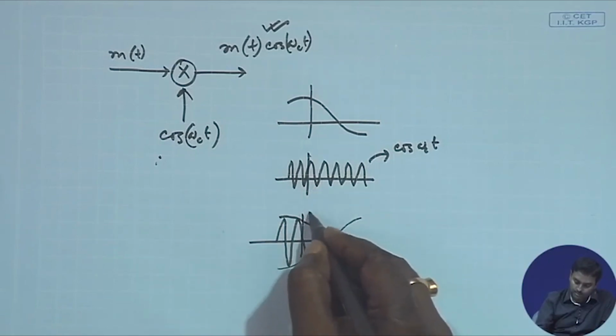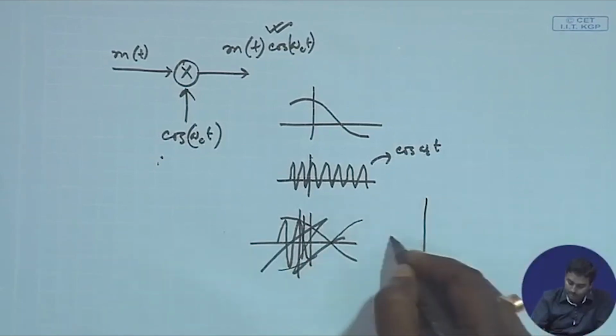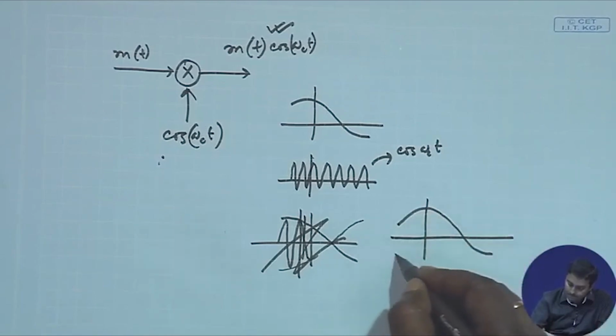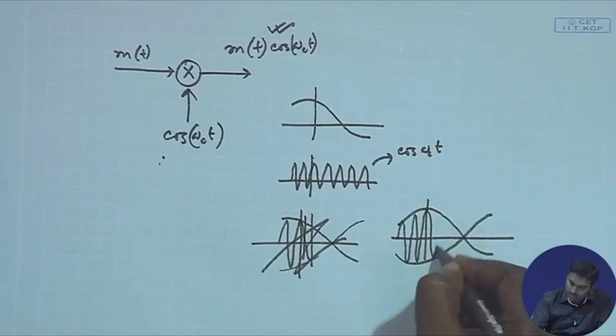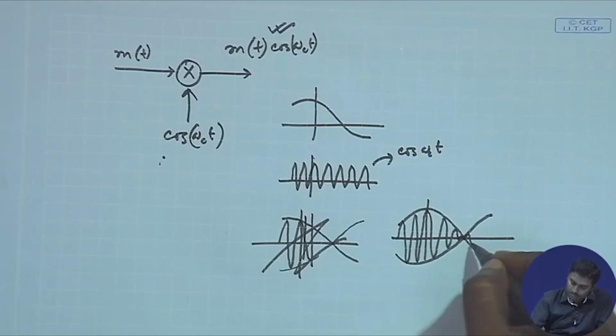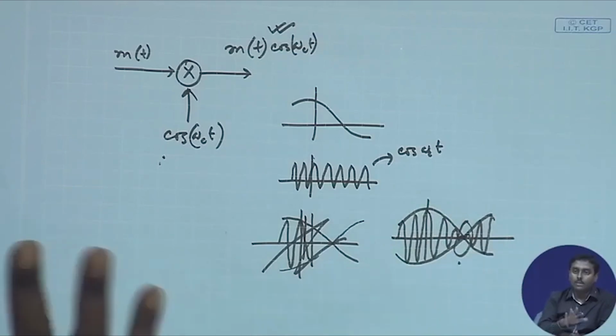Let me draw it again. There will be something happening over here. We will discuss that in the next class, but this is what it will be in the time domain, where the message is carried over in the envelope.